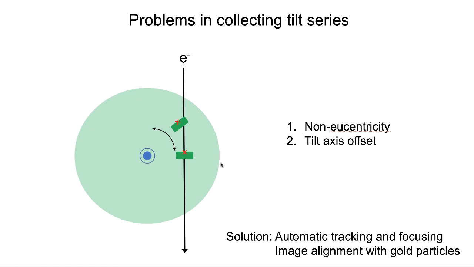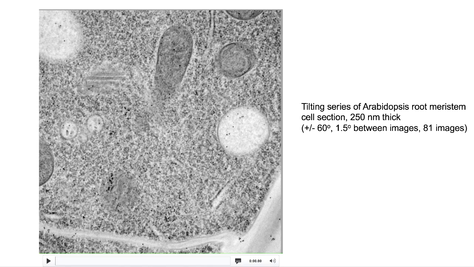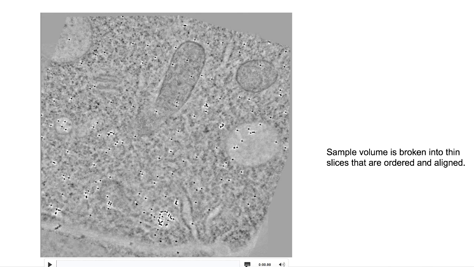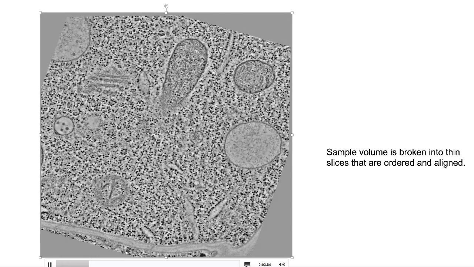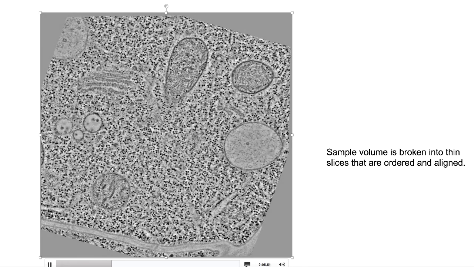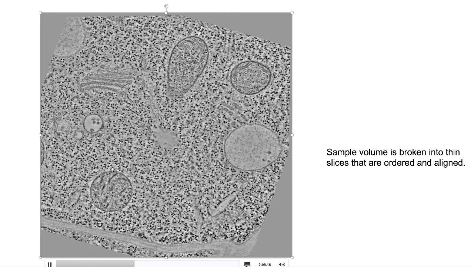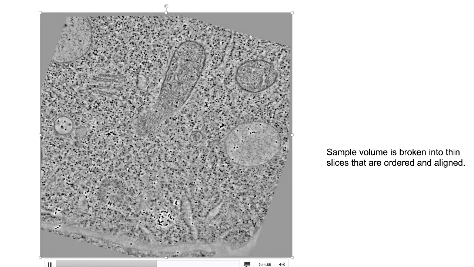To solve this problem, automatic tracking and focusing of the image should be done, and you might wonder what these small particles here are. These are gold particles that are used to align the images afterward to get a very well positioned tilt series. After you do all this, with a computer program that I'll explain later, you can calculate a tomogram, and you will get this series of images showing the section sliced far thinner by electron tomography.